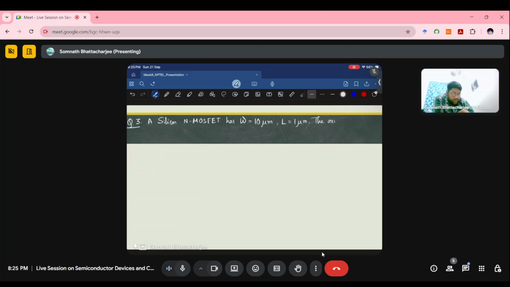The oxide thickness or the TOX is 20 nanometers, and the threshold voltage is 1 volt.